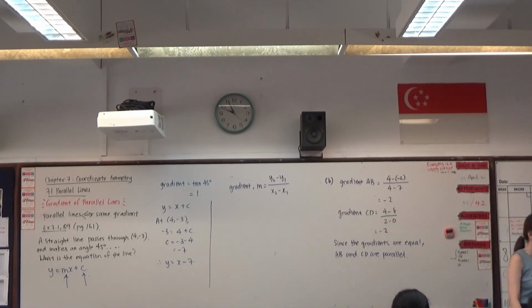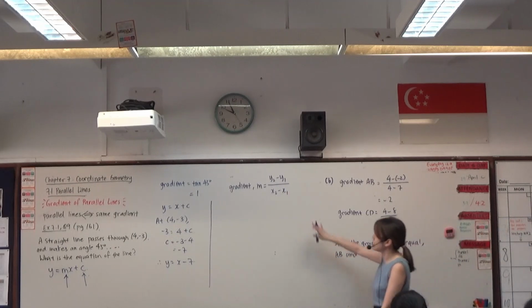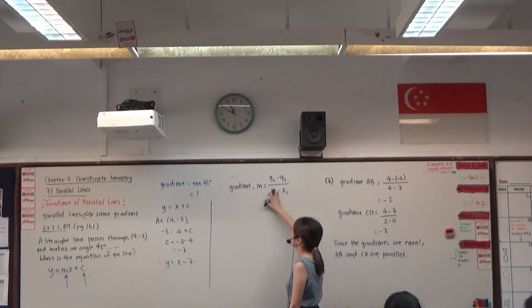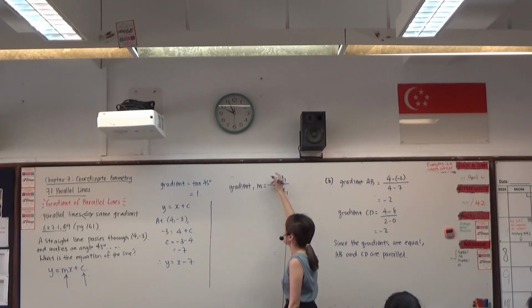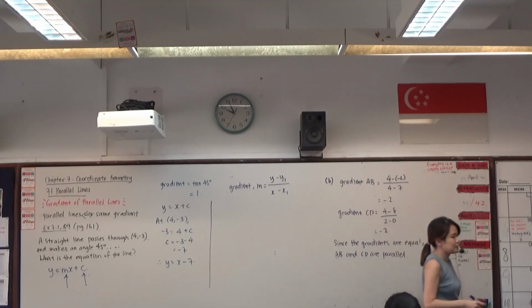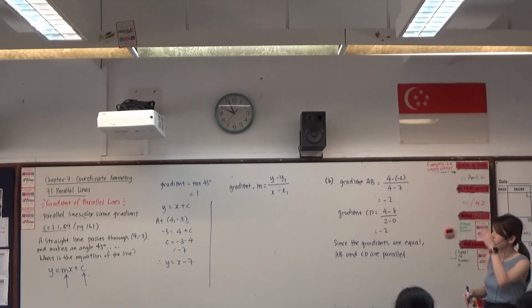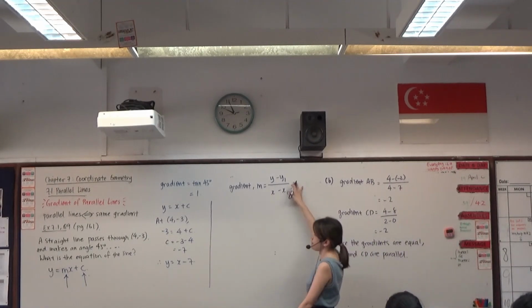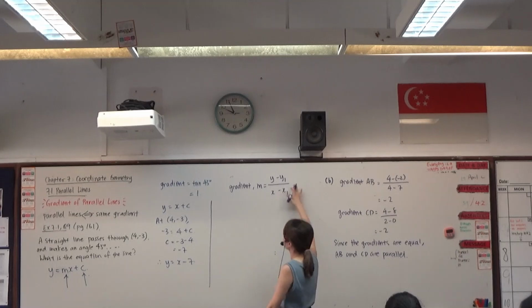Okay. Now, if I have the coordinates of one point, so let's say x1, y1, I have those information. But what if I don't have the second point? Okay, instead of maybe y2 minus y1, I'll just use a y, and then x2 minus x1, I'll just use an x. So I have these numbers. Okay, so in this case, I have 4 and -3.